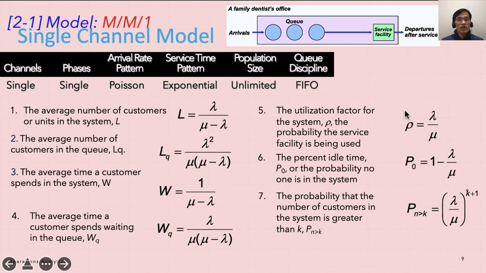P0 is the idle time: the probability that no customer is being served in the system, which is 1 minus lambda over mu. The seventh statistic, P n greater than k, is the probability that the number of customers in the system is greater than k. That's a complex formula that we have to use to calculate this.